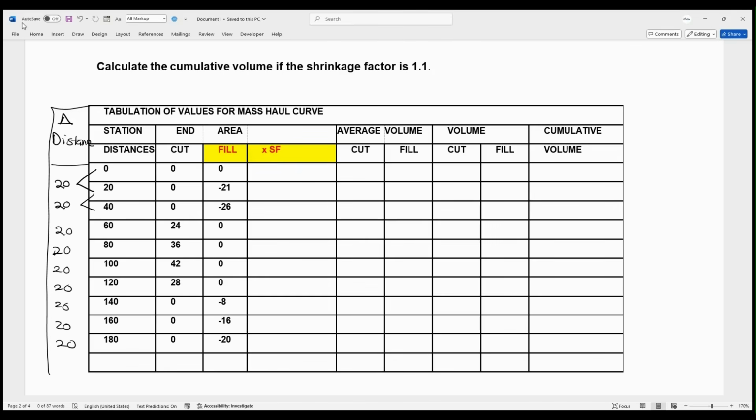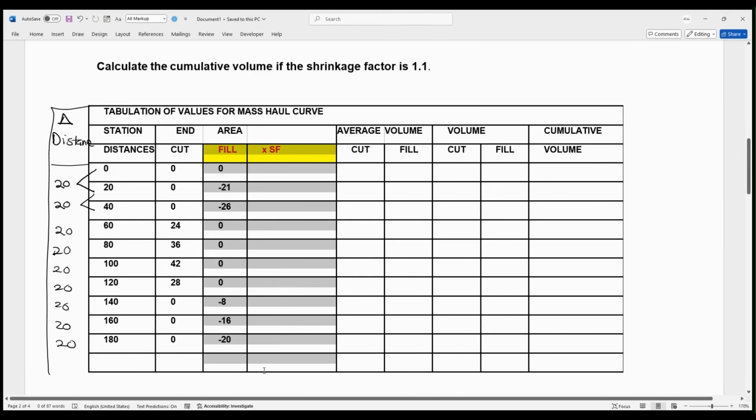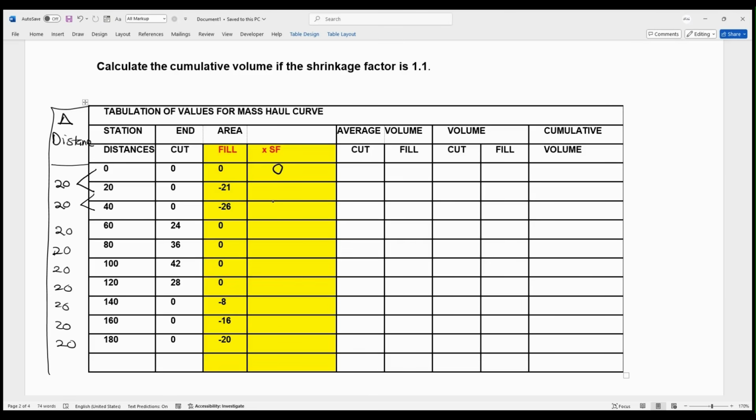The next thing to calculate is the shrinkage force, SF. I'm going to highlight these columns since they go together. The first one is automatically 0.